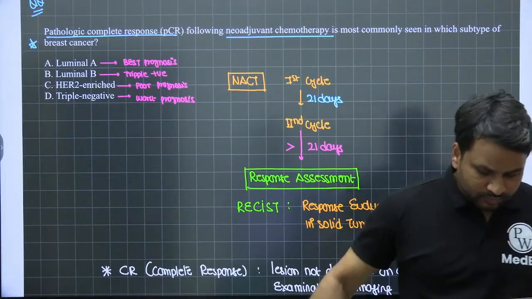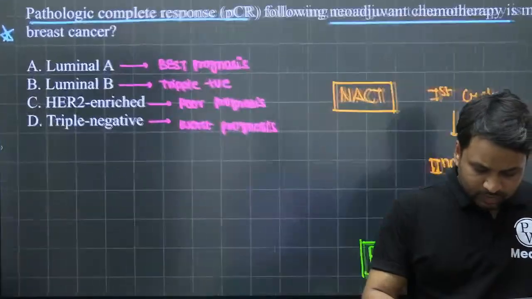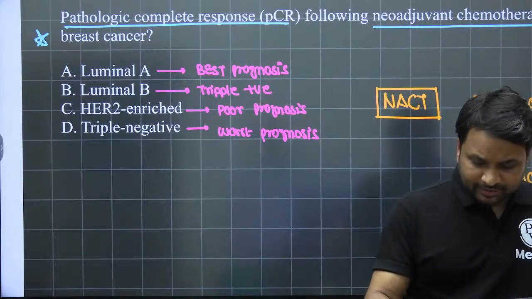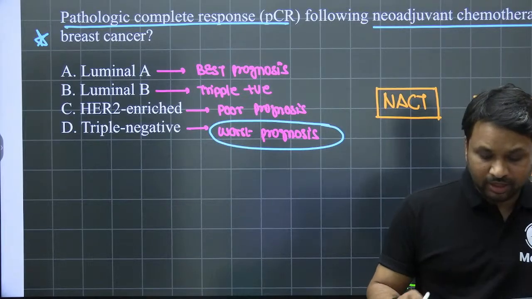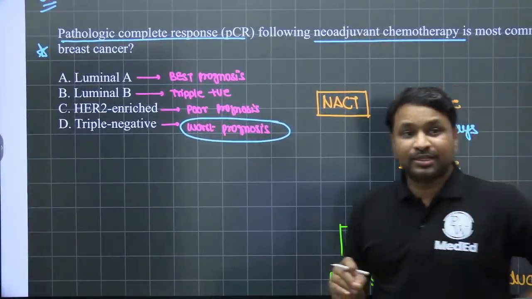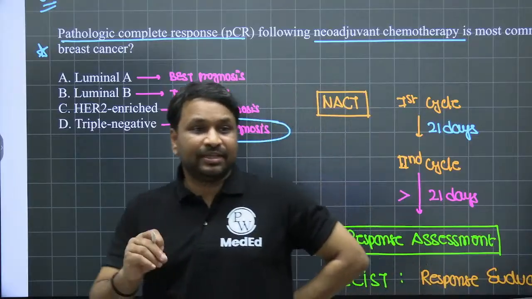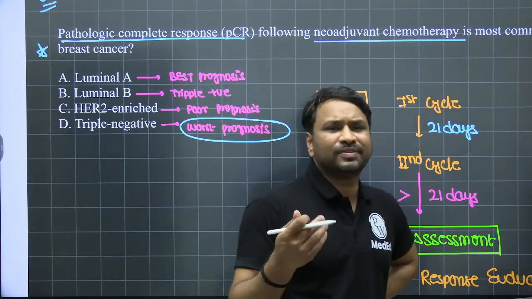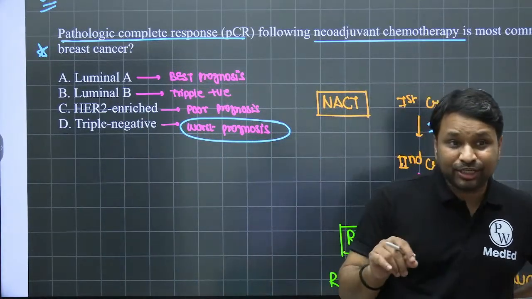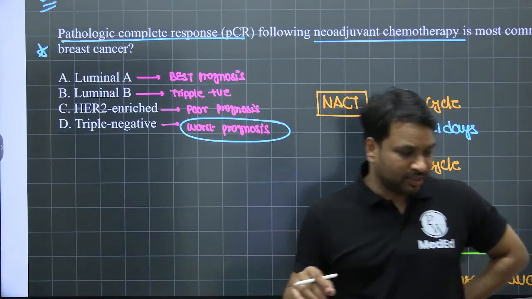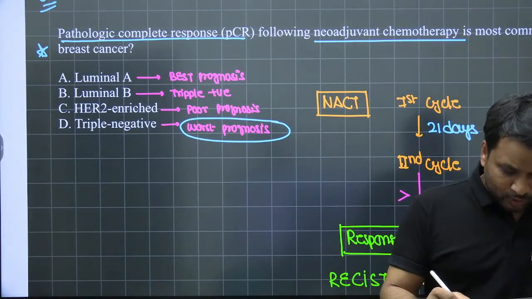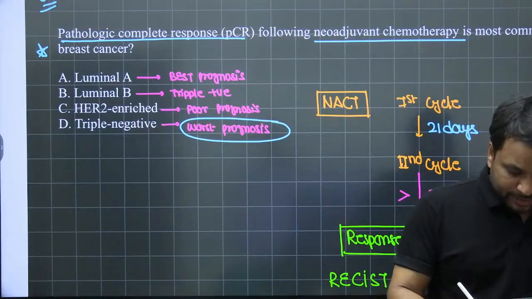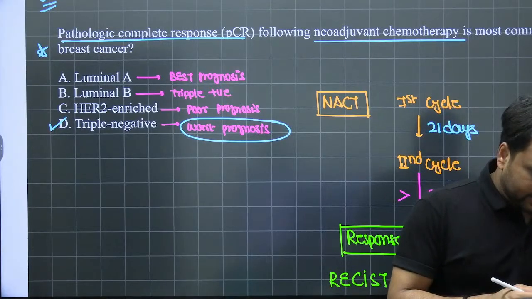Okay, so here, as you can see, triple negative I have given as the worst prognosis because there's no drug available, and because of the recurrence. But initially, when you see a pathological response, the best response to neoadjuvant chemotherapy is also seen in triple negative disease.